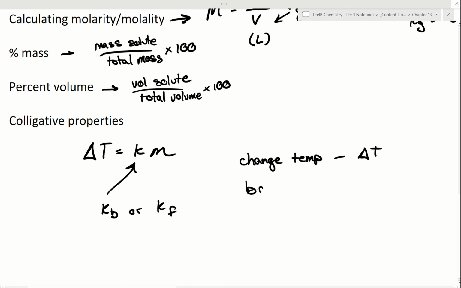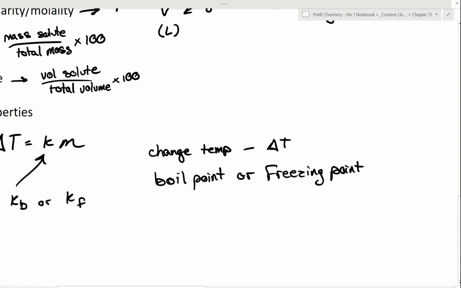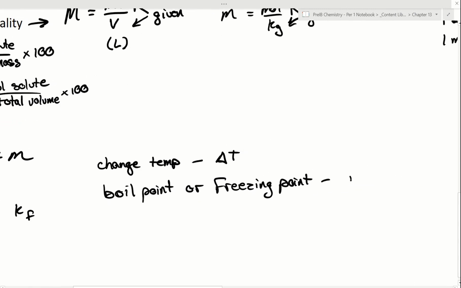But if it asks for what the boiling point or freezing point is, then you have to take the boiling point plus delta T, or the freezing point minus delta T. Okay, so you would solve for delta T and add it to the boiling point for boiling point elevation, or subtract it from the freezing point to find what the new freezing point is.